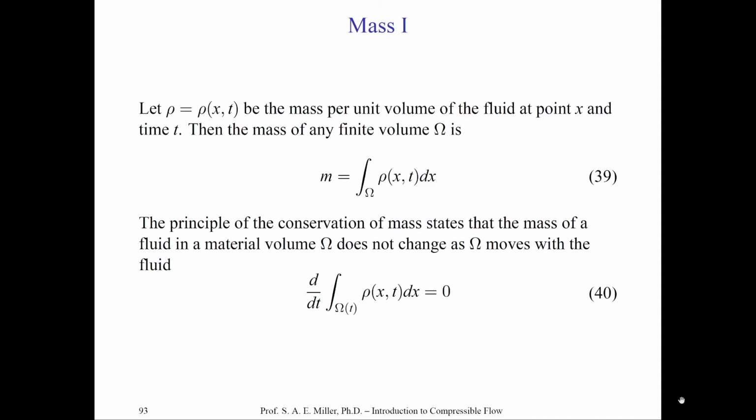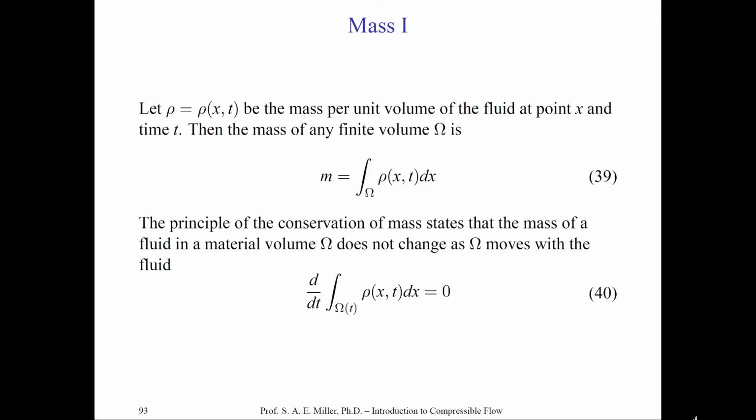But we define mass as a function of density, which is a scalar field. It changes in all space and all time. It doesn't matter how many dimensions we have, 3, 5, 10, 11, and time. We will define it as the mass per unit volume of the fluid at a single point x and time t. We then derive the mass from the density, as I show in equation 39.